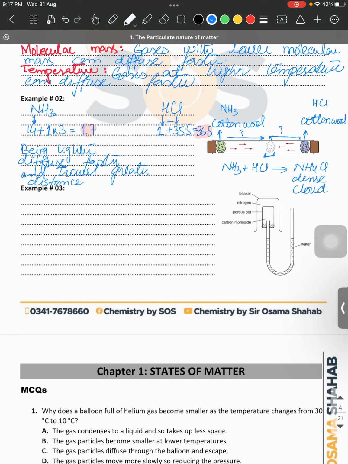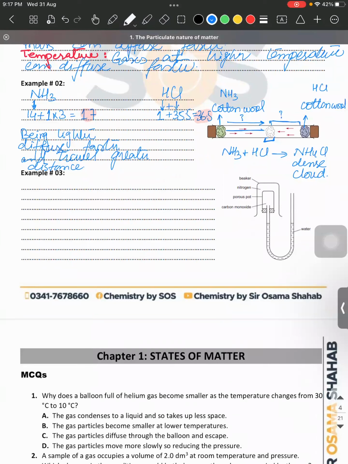You can see this ammonia is the lighter gas, so it can diffuse faster and travel more distance, right? So over here, ammonia is diffusing more, and HCl is moving less because it is heavier, so it will take time to reach the center, right?